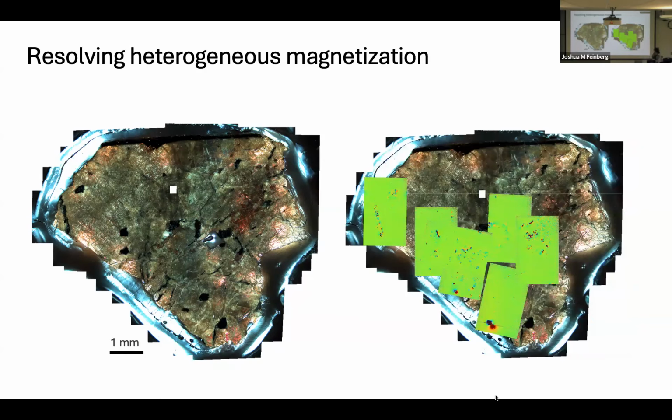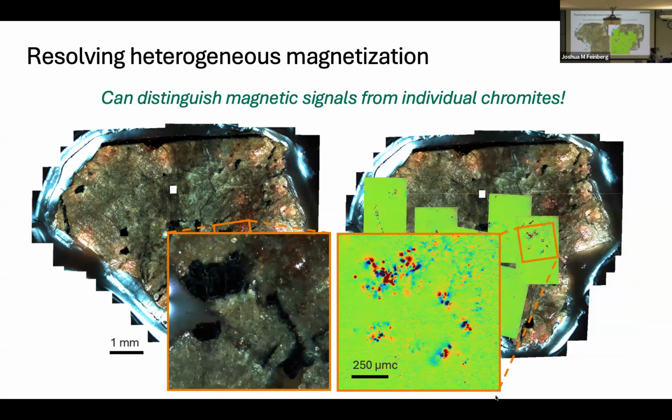And then the same region with the QDM. Thankfully, this is actually enough to resolve individual sources. In this case, we're not talking about individual dipole sources, but assemblages of grains that probably have a particular shared magnetic heating history. So this is very cool.